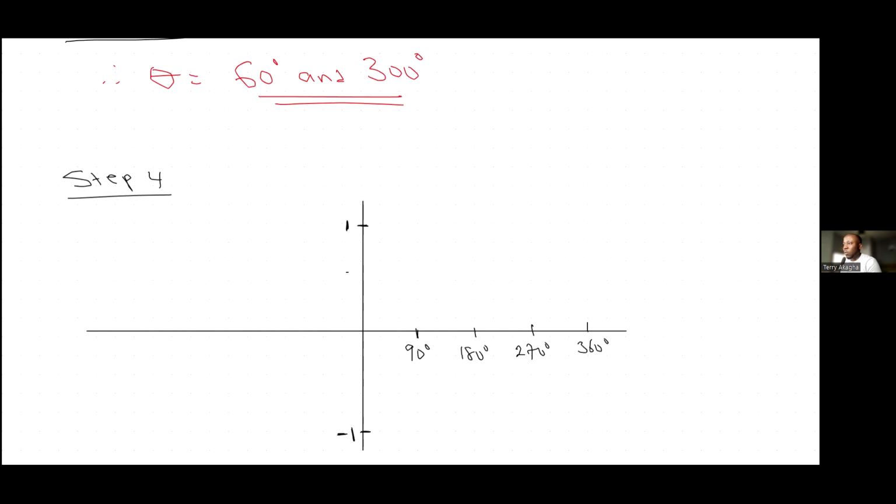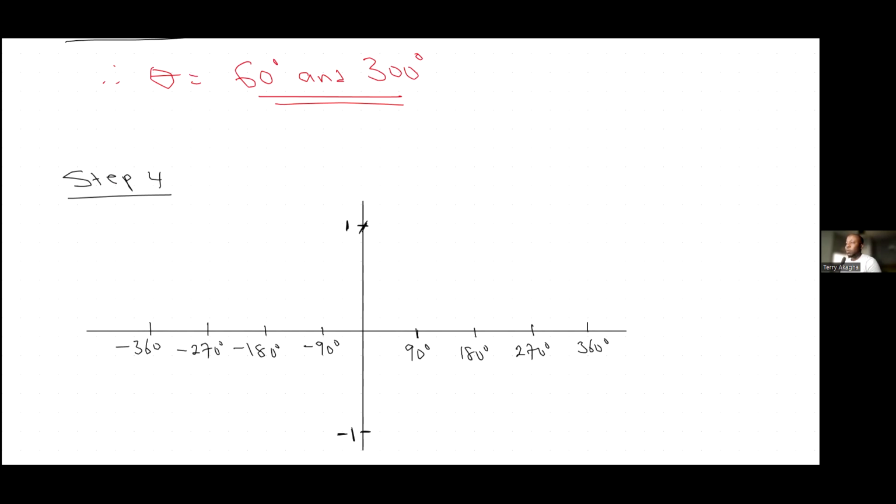The same thing as well: this is going to be minus 90 degrees, minus 180 degrees, minus 270 degrees, and minus 360 degrees. I told you that when you're drawing this, for cosine, you start from 1.